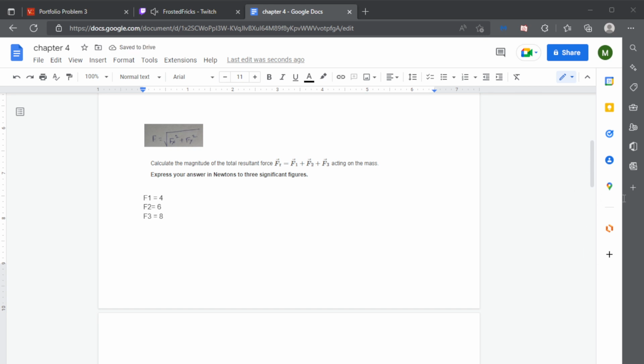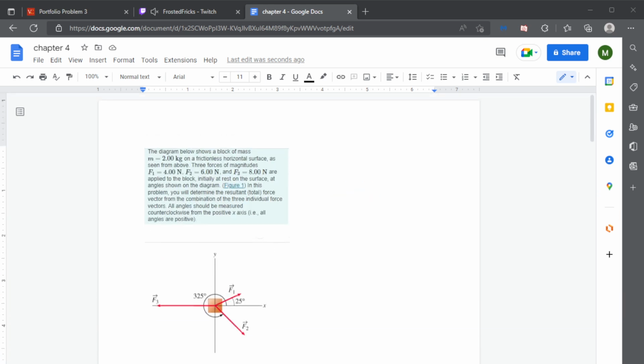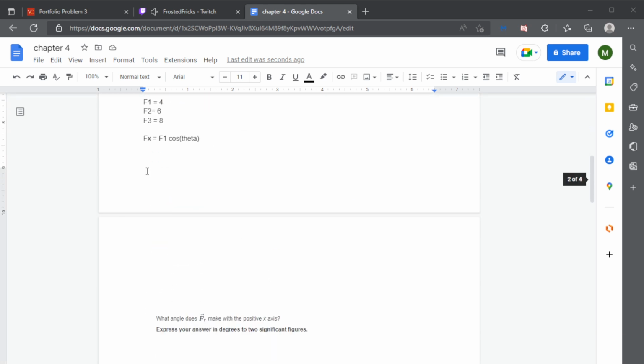To find the force in x, we're going to use each of the three forces times cosine of theta. Remember, theta represents the angle of each force. So 25 degrees is force 1, force 2 will be 325 degrees, and force 3 will be 180 since it's on the side.